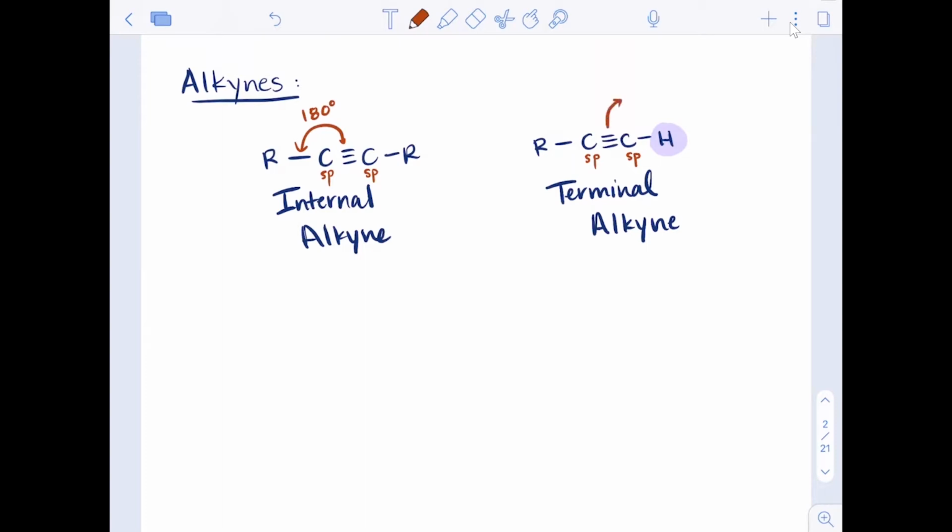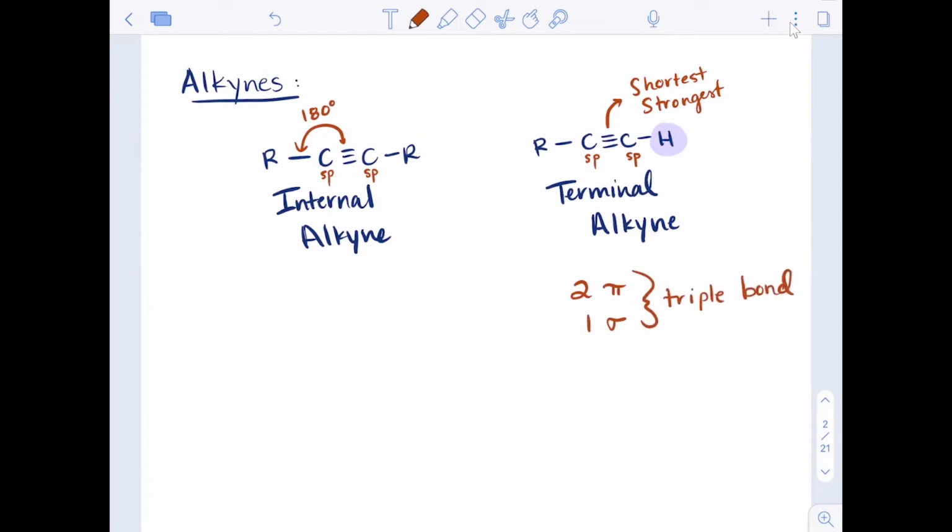The carbon-carbon triple bond is the shortest that we have. It is the strongest in terms of bond dissociation energy for the triple bond. And it is composed of two pi bonds and one sigma. That's what makes our triple bond itself.